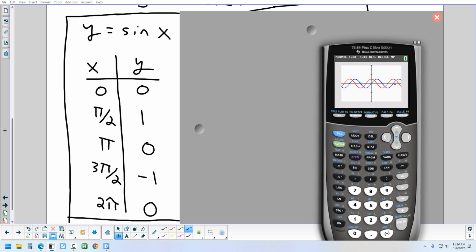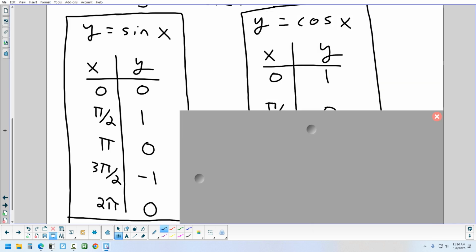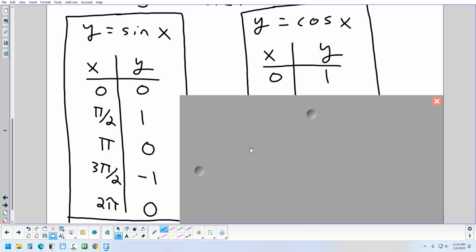So the red one starts right here. What's the first coordinate in the red graph? 0, 1. Okay? So it's like all the y values have been shifted by 1 unit in that table.